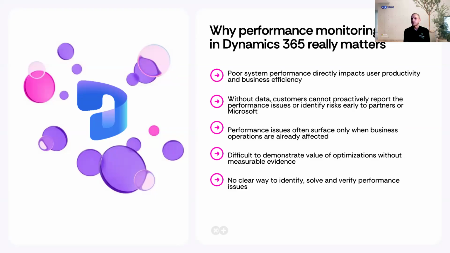Next, performance issues often surface only when business operations are affected. This is really important because we need to measure multiple layers of Dynamics, since performance issues are usually not a standalone thing. Usually it is a correlation between multiple things going on at the same time. Very often something can work normally fast, but there are some time frames when the same thing takes X times more time.